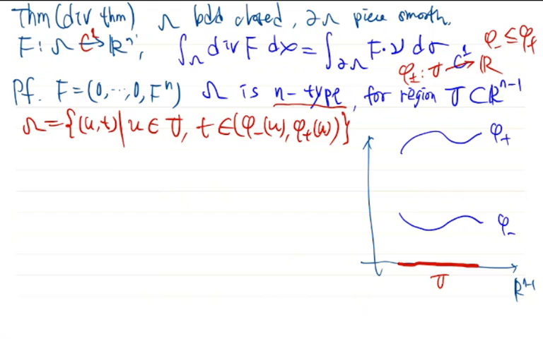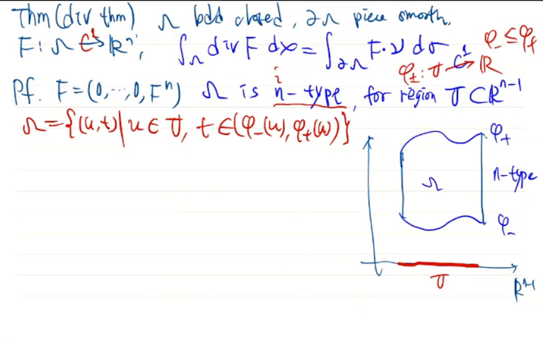Then the domain bounded by this is n-type. This is the omega. Such domains we have already encountered when we studied the Fubini theorem. Of course, we can also have other types of domain, i-type.